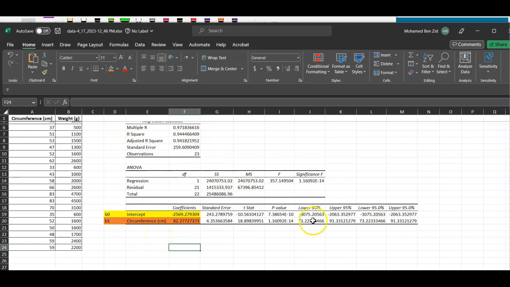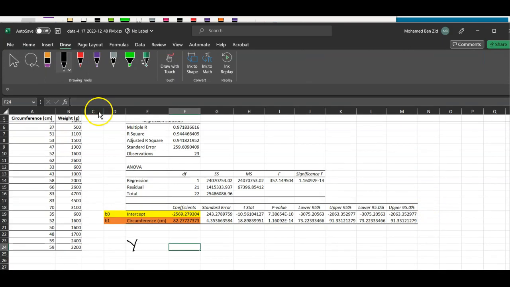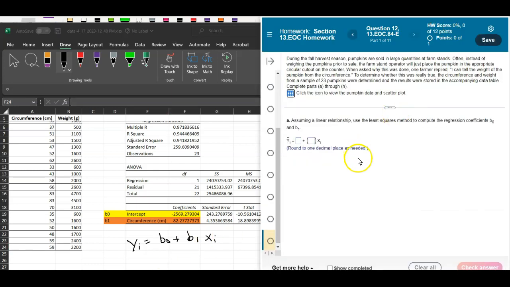So now you're going to go to your problem. Basically you have y_i equals B0 plus B1 x_i. For this instance, the B0 is right here in yellow, and in red is the B1. Let's go to the problem.